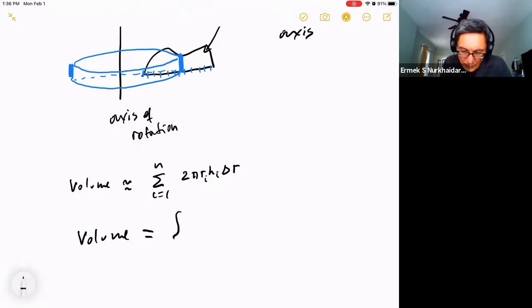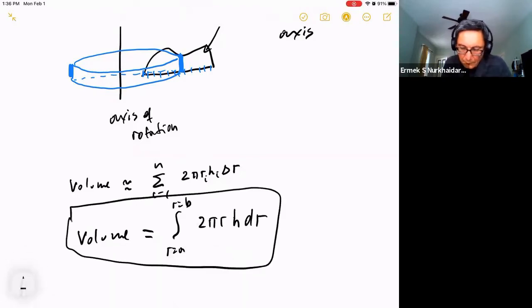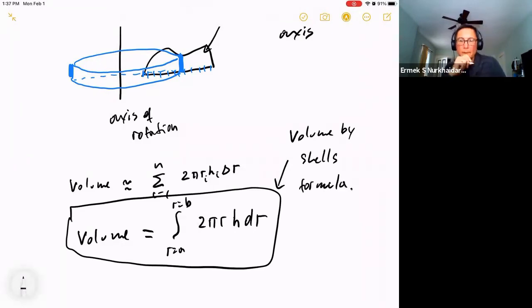So we get the integral from r equals a to r equals b of 2 pi r h dr. And that's the formula for volume by shells.